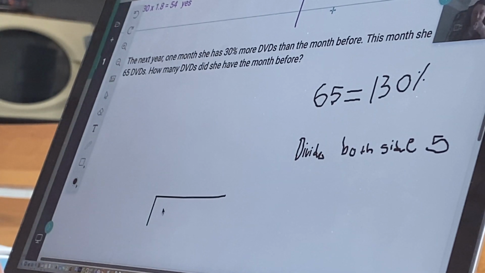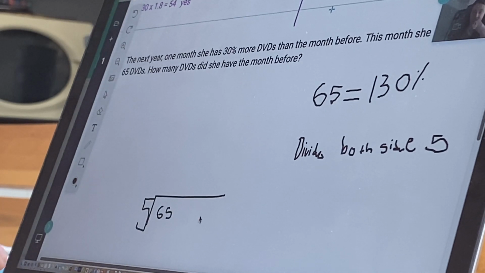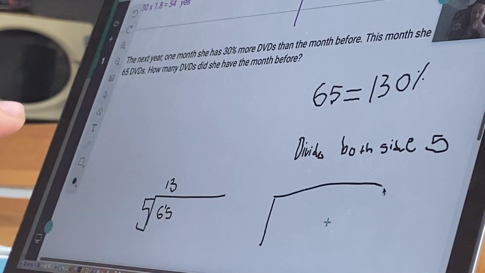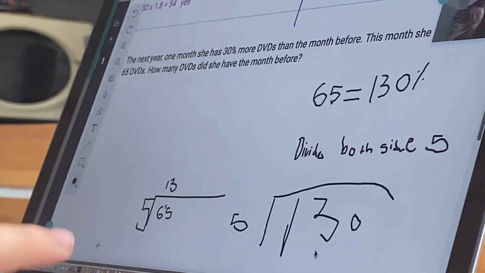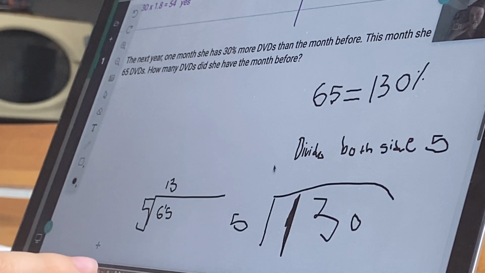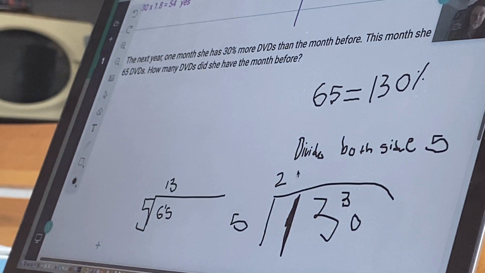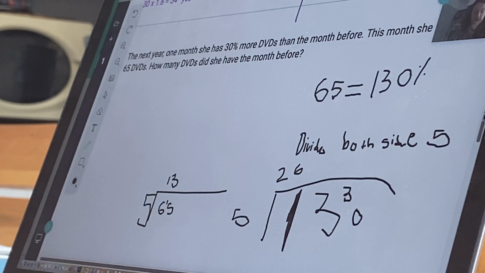65. 13 on one side, fantastic. 26, yeah.